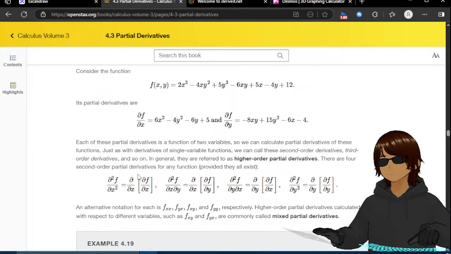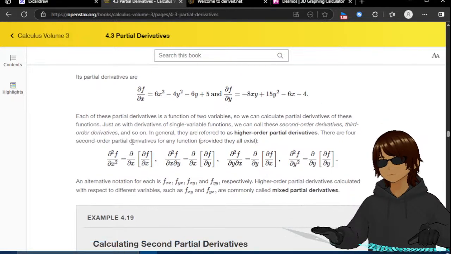There are four second order partial derivatives for any function, provided they all exist. So, what do we call this?